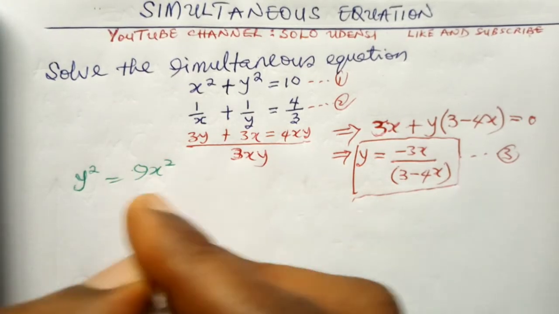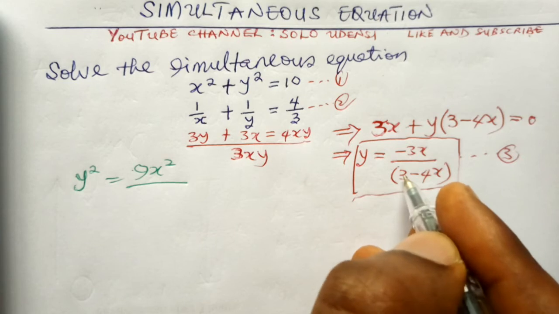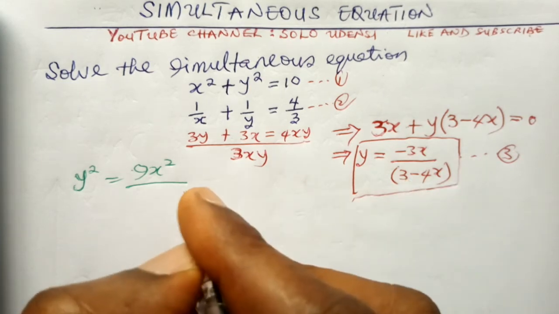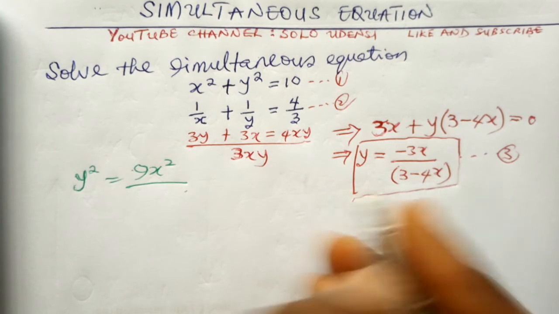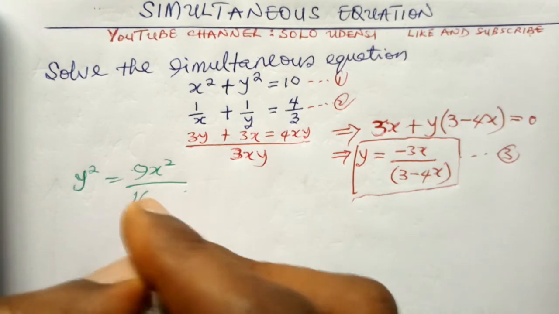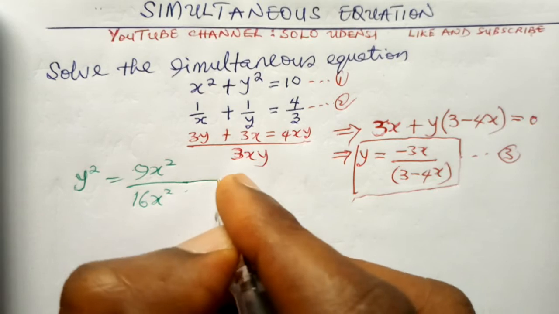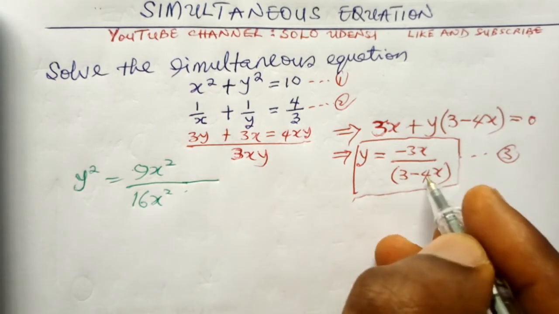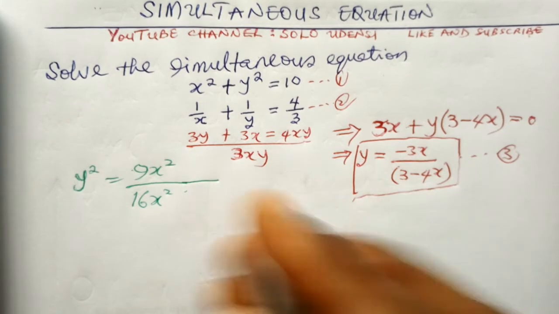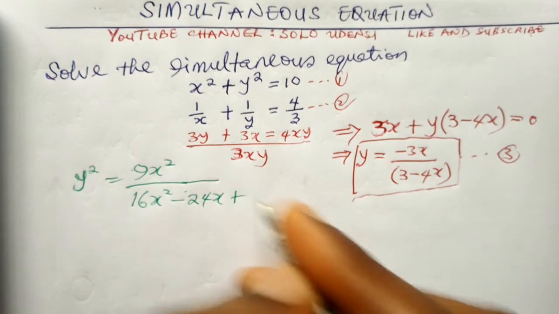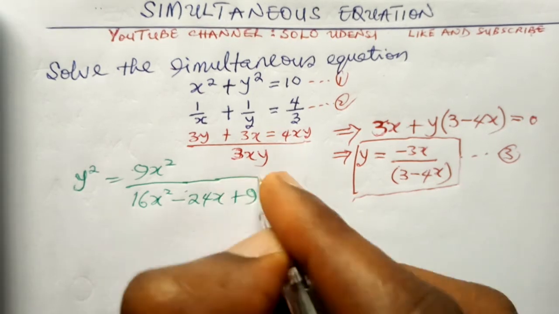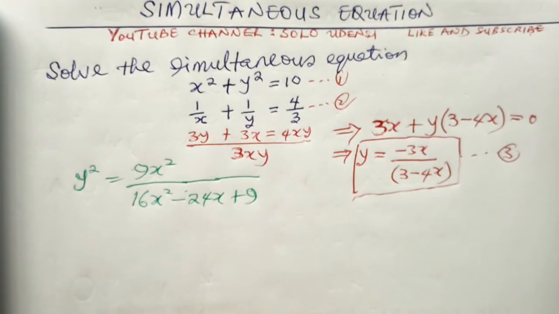The denominator squared is this times itself 9, this times itself 16x squared, so 16x squared. This times this is minus 12x, this times this is minus 12x, so we have minus 24x. Remember, we have 3 squared, 9. So that's what we are going to have.